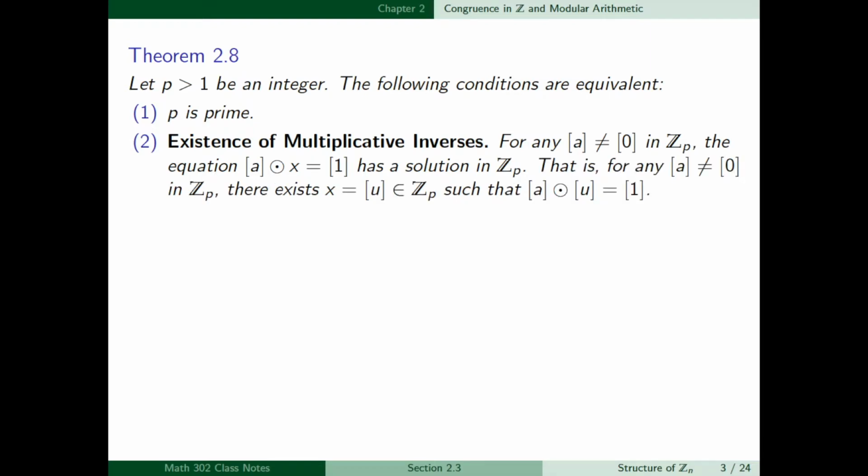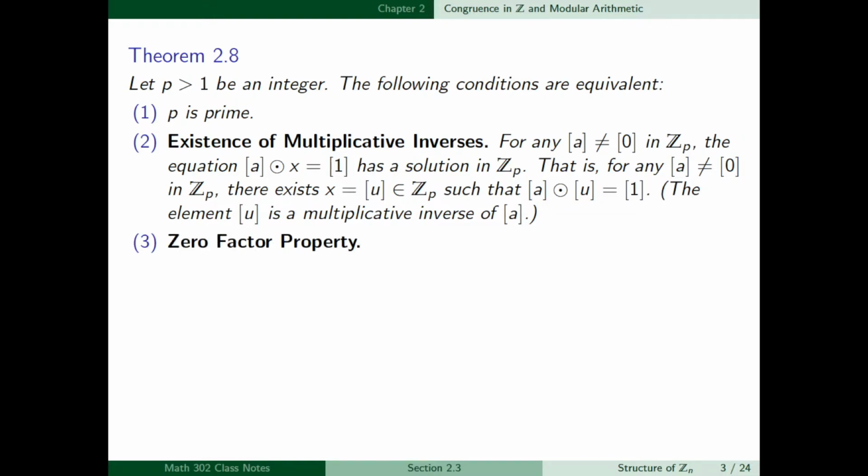That is, for any a not equal to 0 in Z sub p, there exists an element x = u in Z sub p such that a times u is equal to 1. The element u is a multiplicative inverse of a.